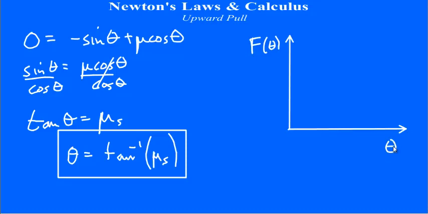You're going to see this graph look a bit different than the other situation where the kid was pushing. When the kid is pulling in this situation, the graph's going to look different, and you're going to see that the minimum is at a different location angle-wise. There you have it, calculus and Newton's laws in perfect synergy.